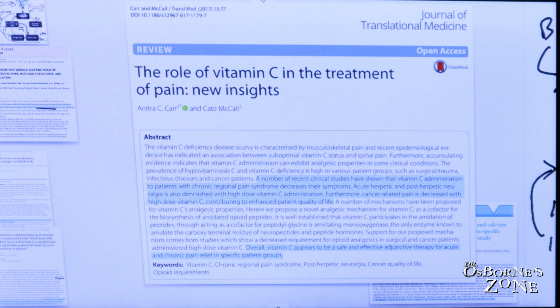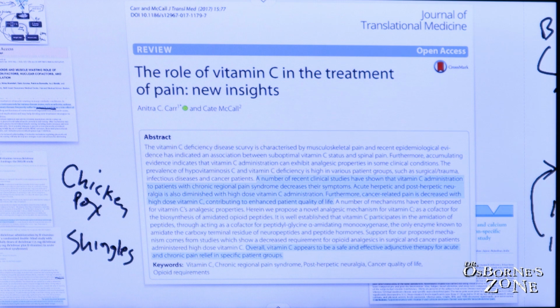Acute herpetic and post-herpetic neuralgia. This is chickenpox, okay? Or in some cases, doctors call it shingles, but post-herpetic neuralgia is the fancy way of saying it. Vitamin C administration also diminished pain in these patients.